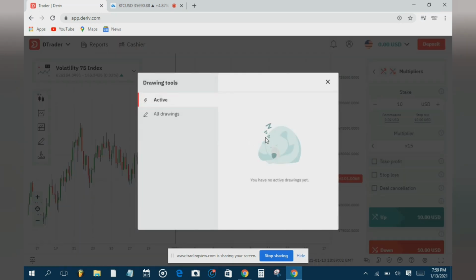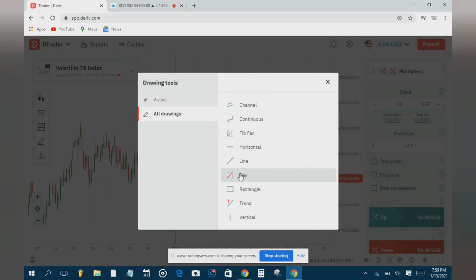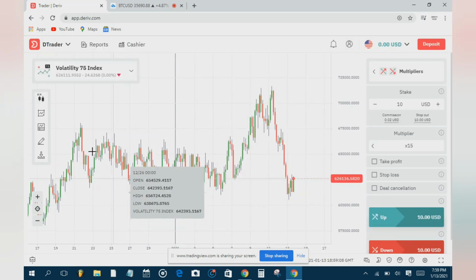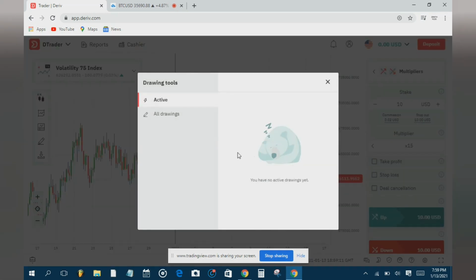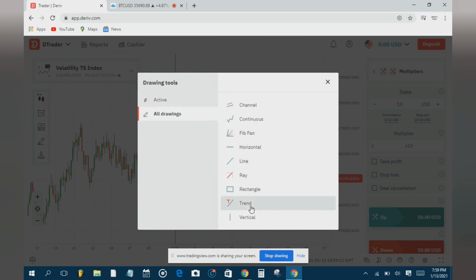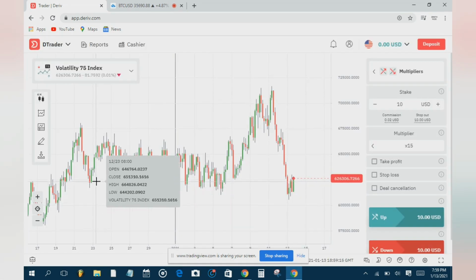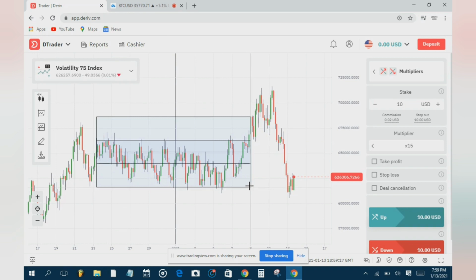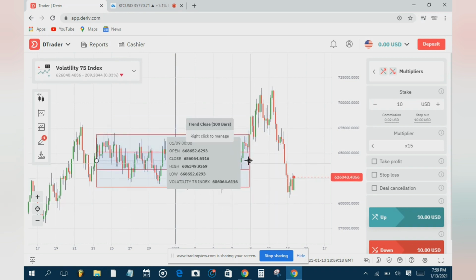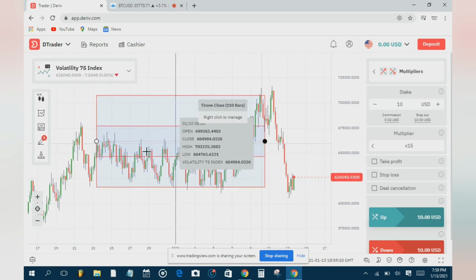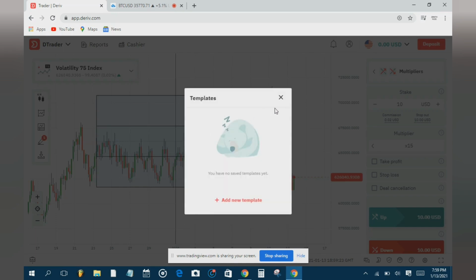So you want to go over and just draw your trend line. Let's use the trend line to get our support. You're going to go to trend line and just tap on it. Oh no, I don't want this.